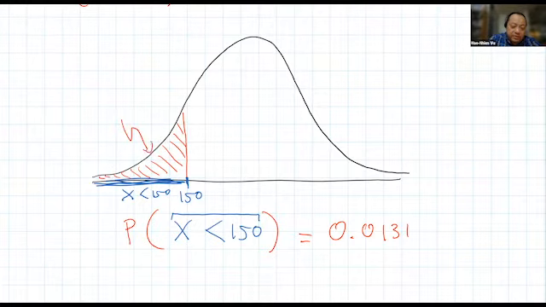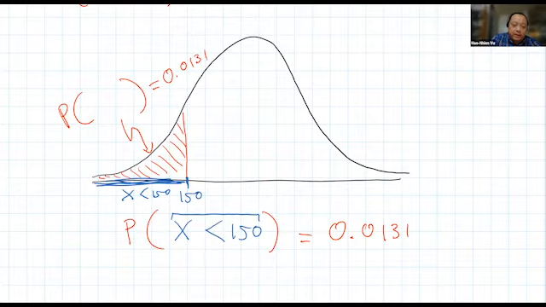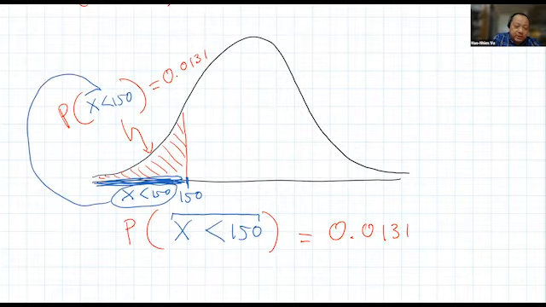So this area here is the probability of something. The value of it is 0.0131. And the probability of what? The probability of this shadow down here. So it's the probability of x less than 150. So this interval here goes inside the probability function. And then the probability itself is equal to 0.0131.